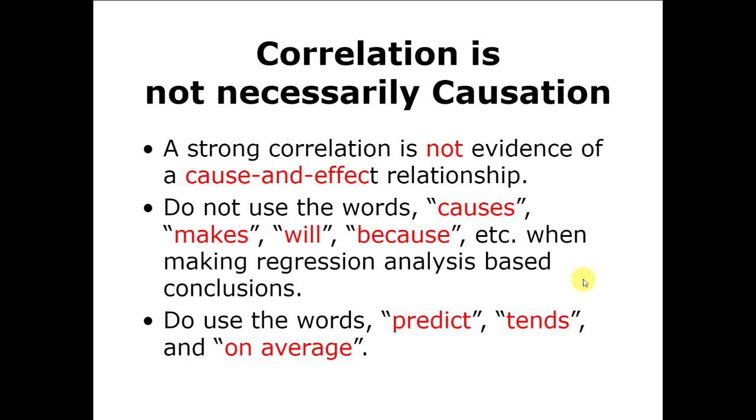So when you're writing about it, do not use words like causes, makes, will, because when you're working with a regression analysis to base your conclusions, you can use words that say predict or tends, on average. So it lets the reader know that this is not a cause, but only a relationship exists.